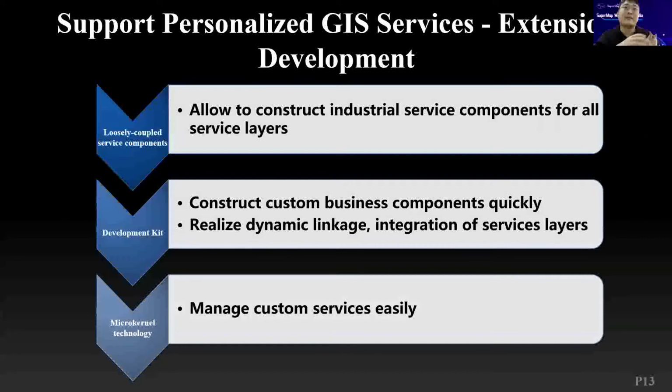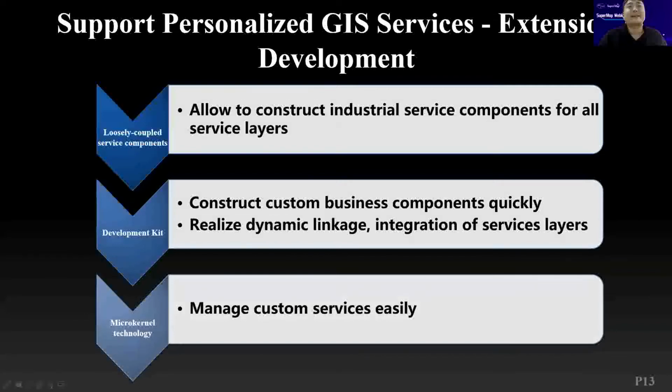But if they still cannot meet our requirements, iServer is also very easy to extend. It allows us to construct industrial service components for all service layers, construct custom business components quickly, realize dynamic linkage and integration of service layers, and manage custom services easily. Here we need to notice that if you want to do extension development of iServer, you need to use the Java language to do the coding.